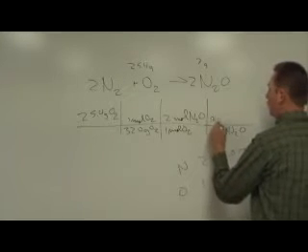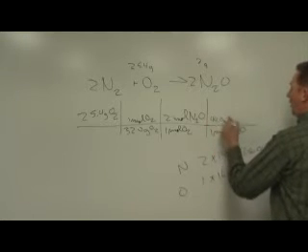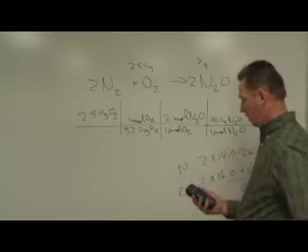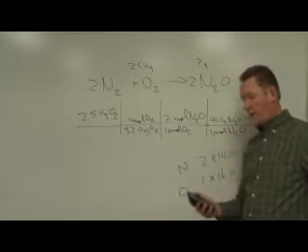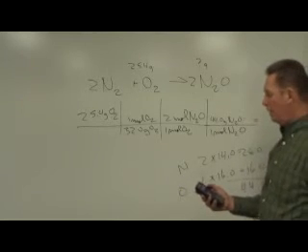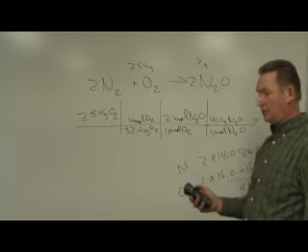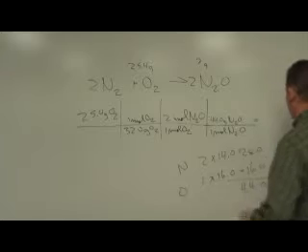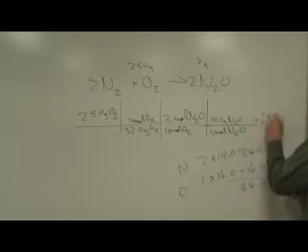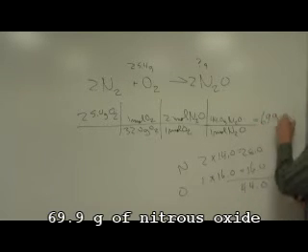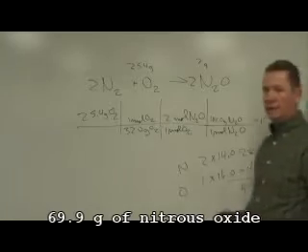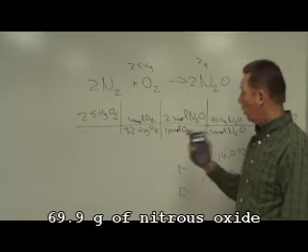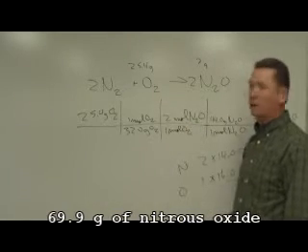So 44.0 grams of N2O is equal to, okay, we end up, after we've done the math on that, to 3 significant figures, we've got 69.9 grams of N2O. Now that's if we don't worry about the nitrogen, if we only look at the amount of oxygen.